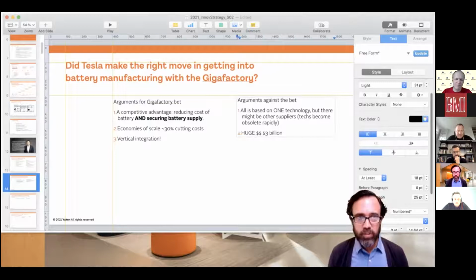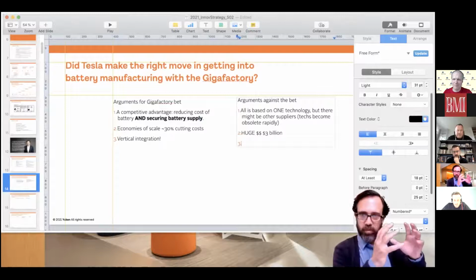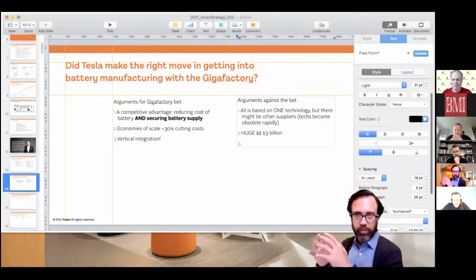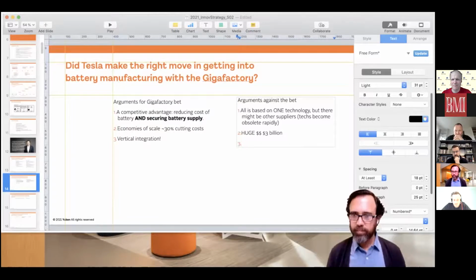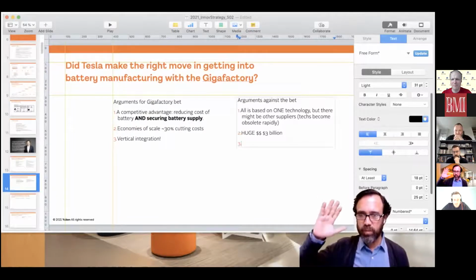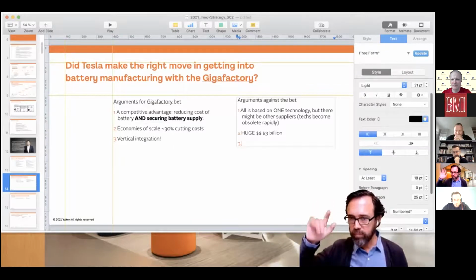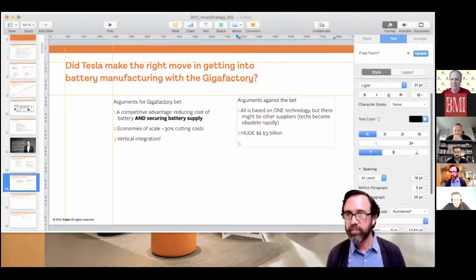Now we talked about vertical integration, but there's a downside with that. How many of you thought that we don't need to go into a completely different business? We are building cars, not building batteries. Why is that? How many of you thought there was also a reason to say no? Only myself.